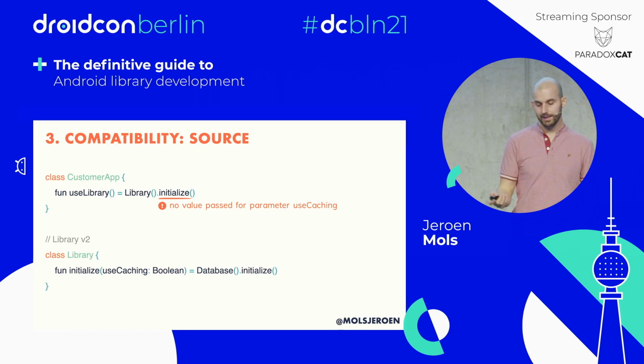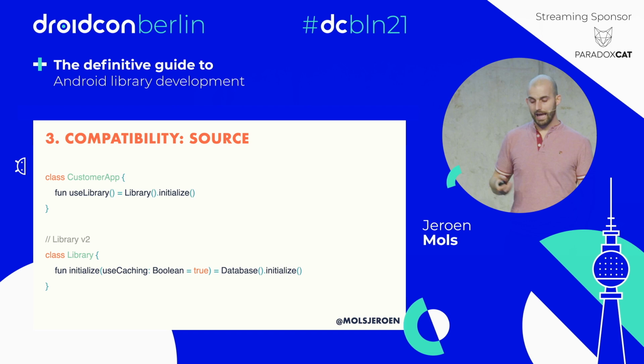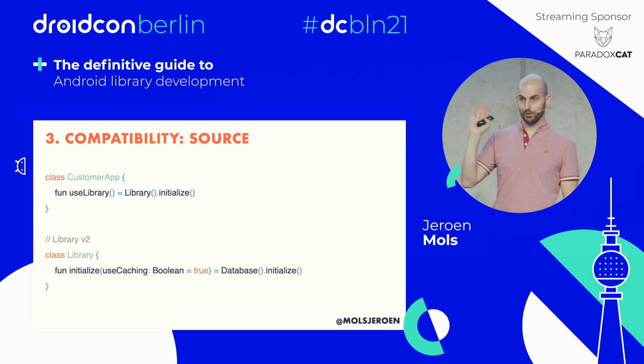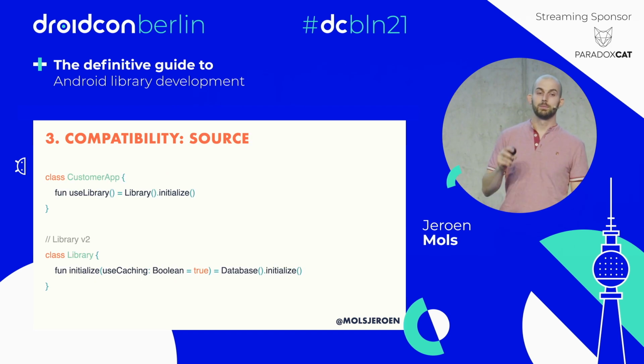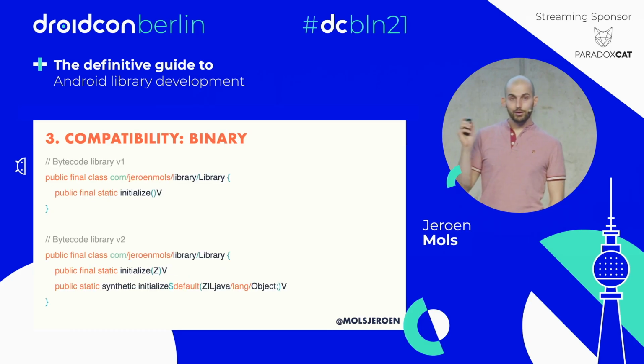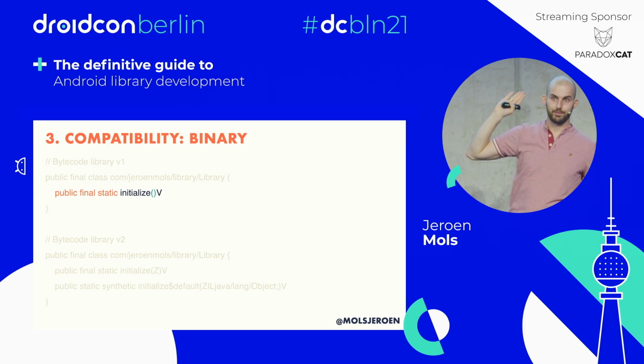A way to solve that is to provide a default value for the parameter. If they then bump their version, everything is good and everything will compile. Okay, so this update is source compatible, but is it also binary compatible? If we look at the bytecode of our first library, it defines this method, initialize without parameters.